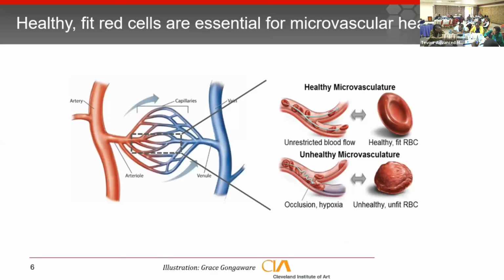Certain conditions make the red blood cells very stiff, and they tend to occlude those small vessels, which later leads to conditions like occlusion crisis, as certain patients face in sickle cell disease.